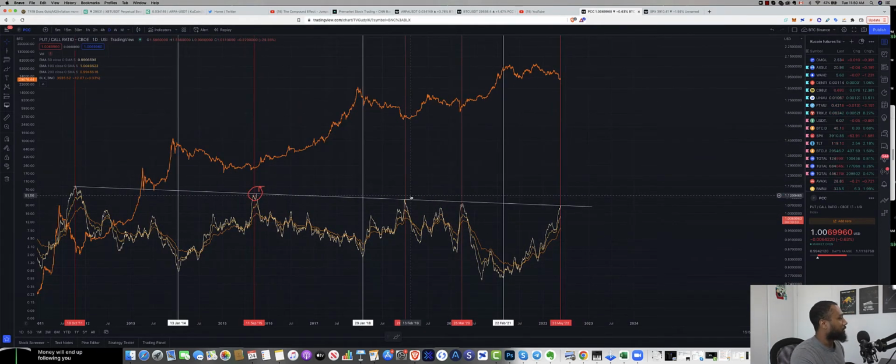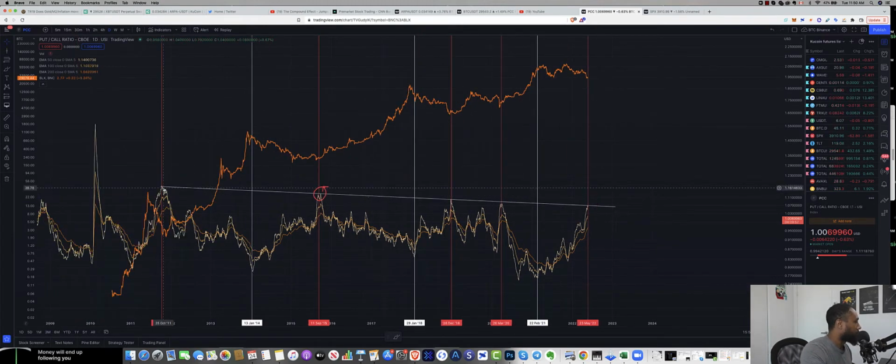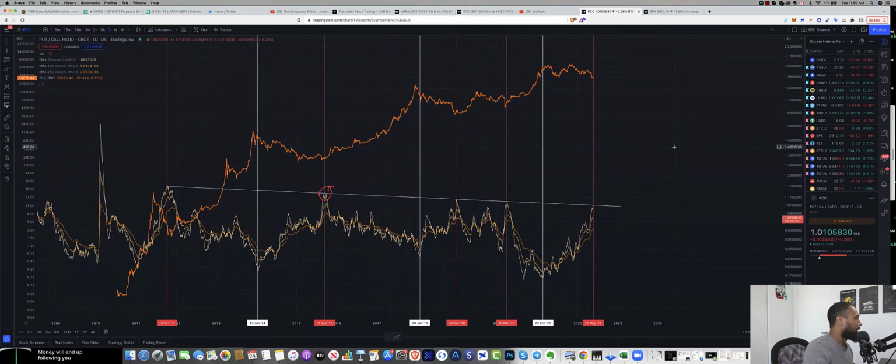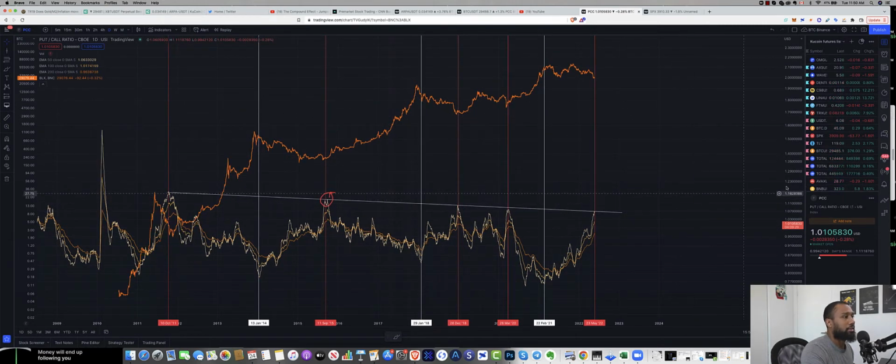But just looking at this chart, this has been valid from November 2011, 2015, 2019, and then we had 2020. So we could be having a mini alt season bull run. I thought this would be kind of cool to bring to your attention, this put to call ratio and the correlation between Bitcoin and it.